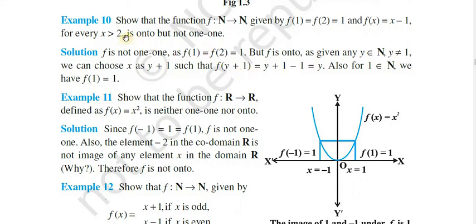Whenever it is greater than 2, you have to use the formula x - 1. So this will be y + 1 - 1, which is equal to y. So we got that for any y not equal to 1, we have a natural number y + 1 whose image is y. And if y is equal to 1, we can just see that f(1) equals 1. So 1 has two pre-images, 1 and 2, and other natural numbers have only one pre-image, that is the predecessor of that number.